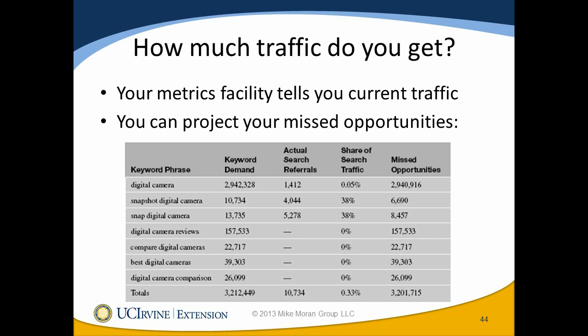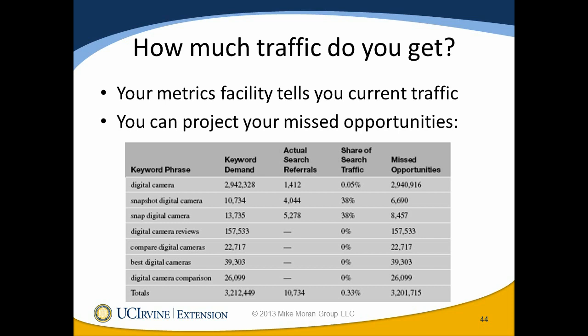And so if you use the textbook, it'll show you how to use, for example, Google's keyword analysis tool to project how many times those keywords are being used in a particular month. Then you can see what your search referrals are and figure out what your share of the traffic is, and then see how many of those searches you didn't get. So you can do this for each of those terms.